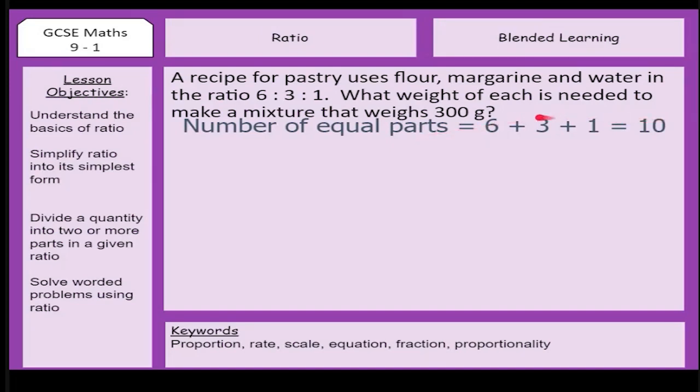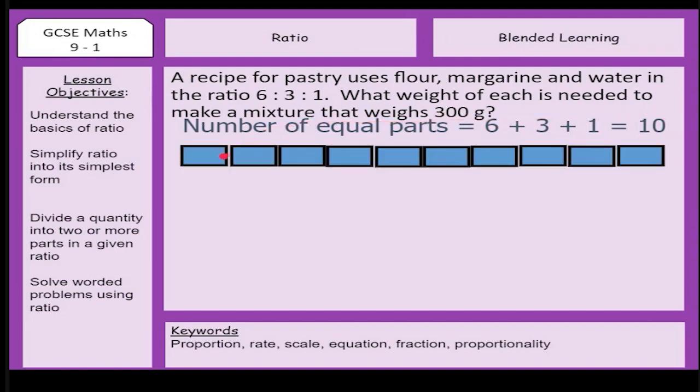Now, I know that these 10 equal parts are the same as this 300 grams. But I don't want to know what the 10 equal parts equal. I want to know what 1 part equals. So I divide my 300 grams by 10. So here's my 10. 1, 2, 3, 4, 5, 6, 7, 8, 9, 10.